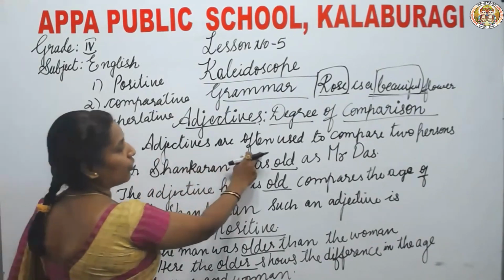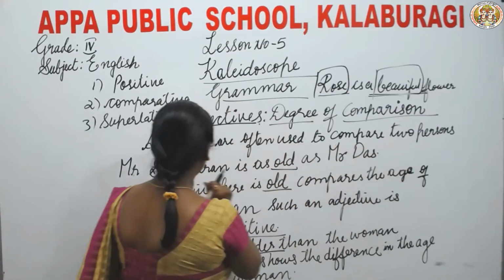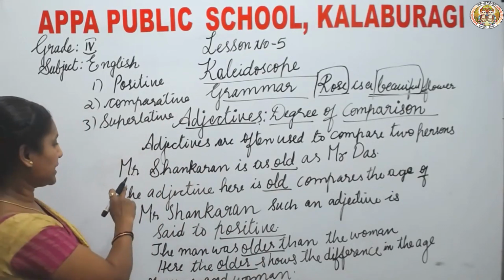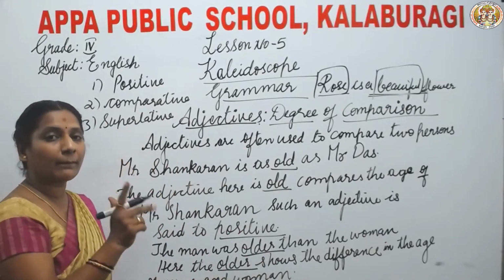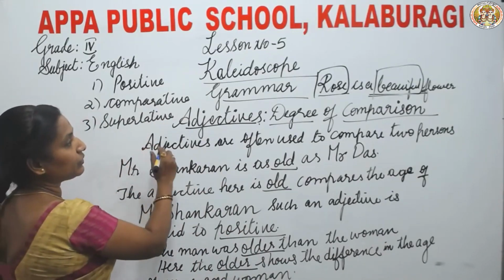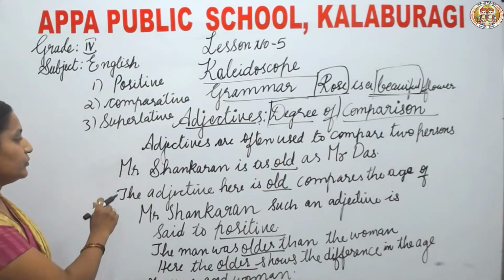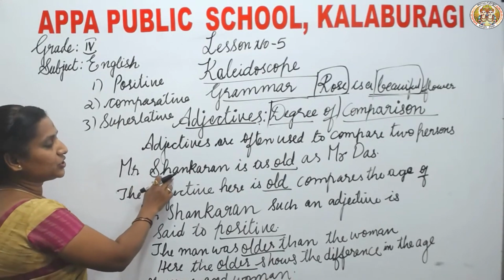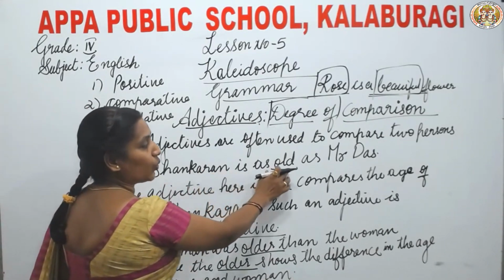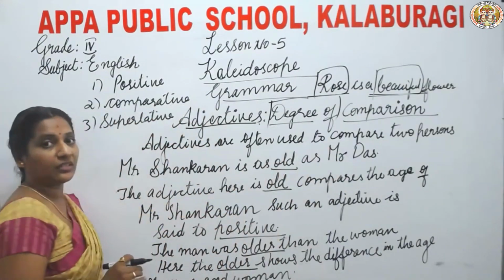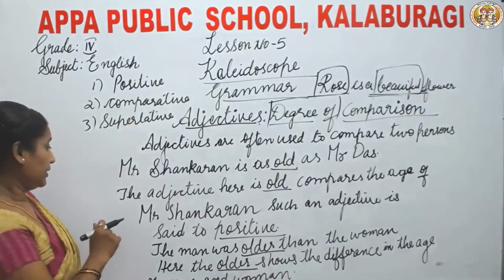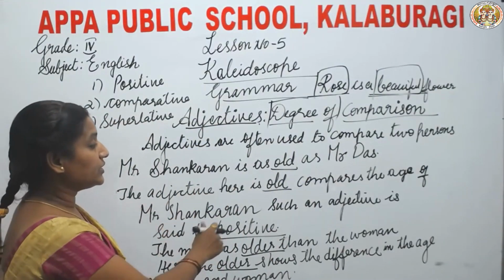Adjectives are often used to compare two persons, like the sentence given here below. Now see here it is given: Mr. Shankaran is as old as Mr. Das. The adjective here is old.